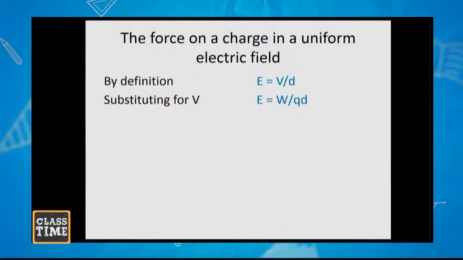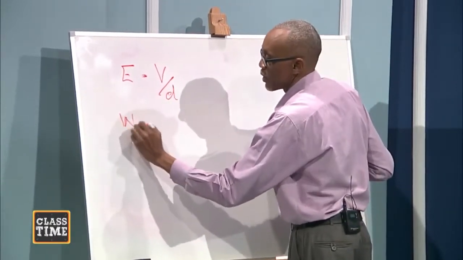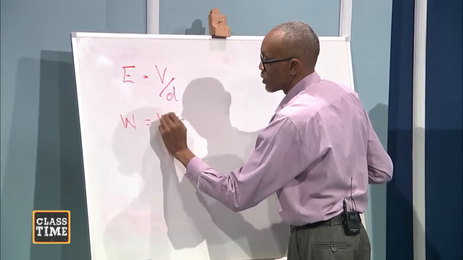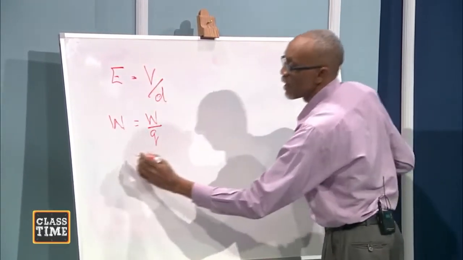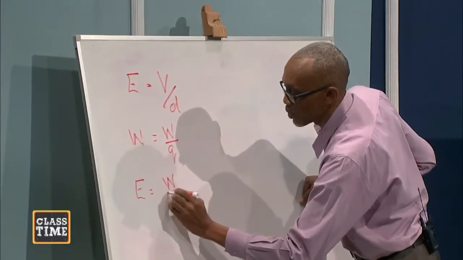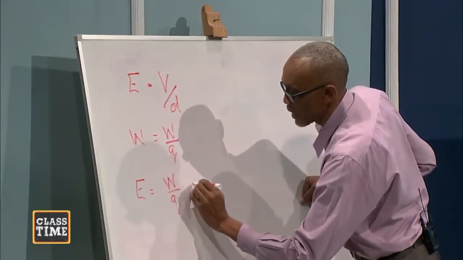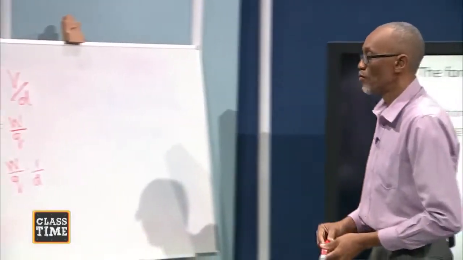Maybe I should write that. We have that E is equal to V over d. And we know that V is equal to work done per unit charge. If I substitute for V, I will get that E is equal to work done per unit charge times 1 over d, which is the same as W over Qd.